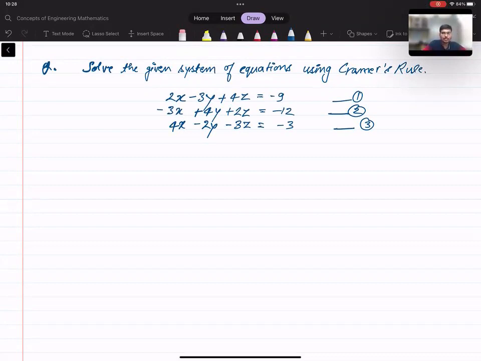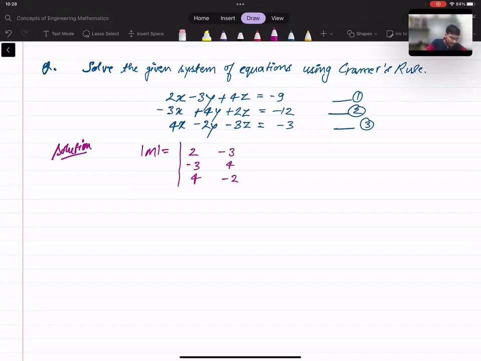So let us form the standard determinant of coefficients. Okay, so we now have the determinant m as 2, minus 3, 4. Here we will have minus 3, 4, minus 2.